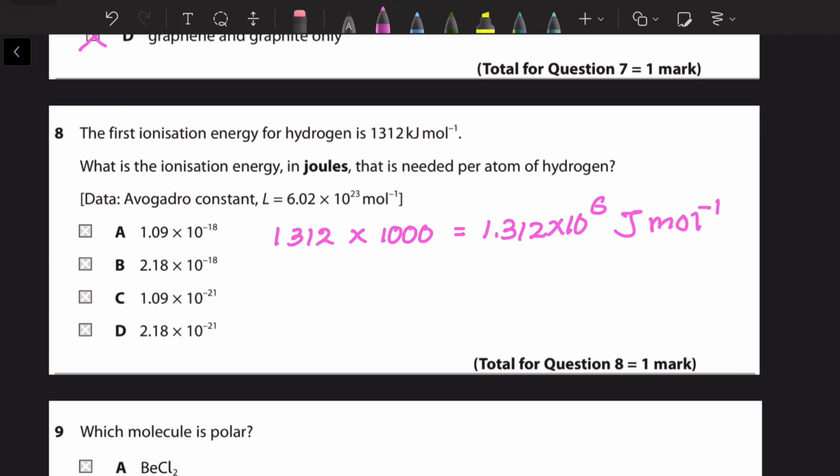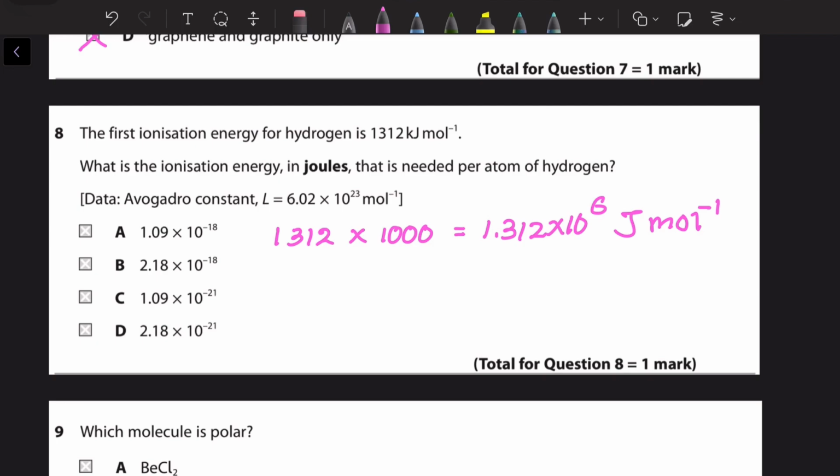This is the ionization energy for 1 mole of hydrogen. 1 mole of substance contains 6.02 times 10 to the power 23 particles. Here it is atoms, so to find the energy per atom, we have to divide this energy by the Avogadro constant, 6.02 times 10 to the power 23.